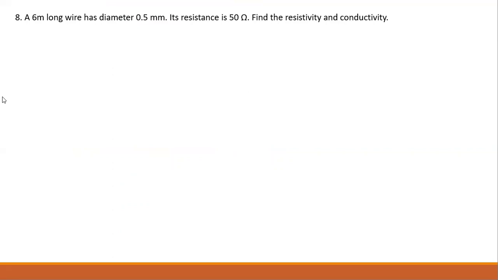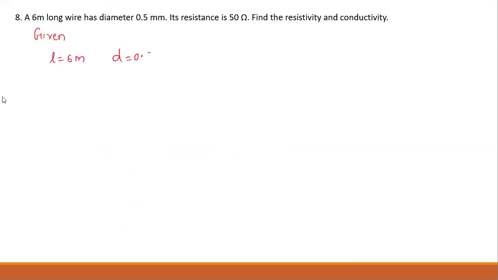A 6 meter long wire has diameter 0.5 millimeter. Its resistance is 50 ohm. Find the resistivity and conductivity. Length is given: L is equal to 6 meter.